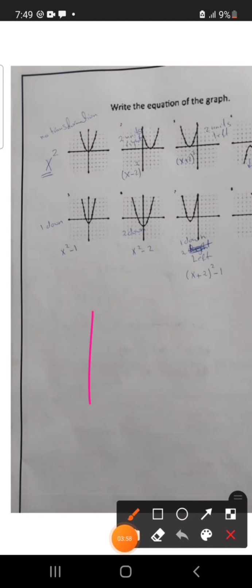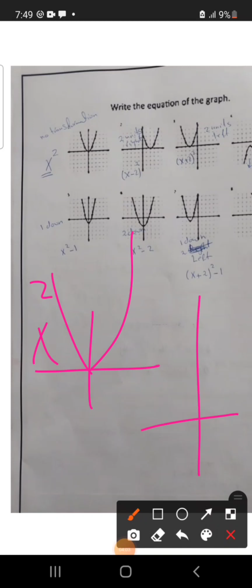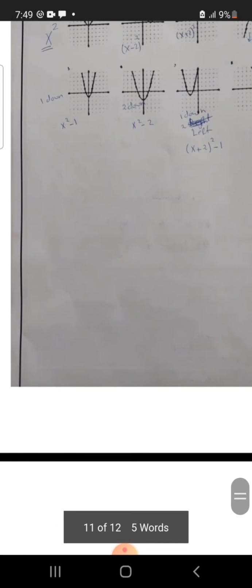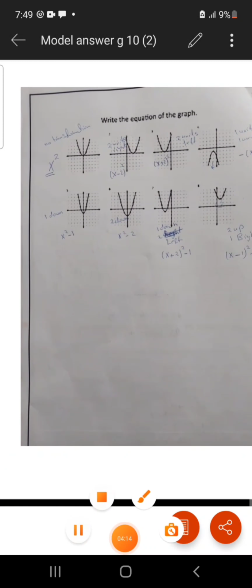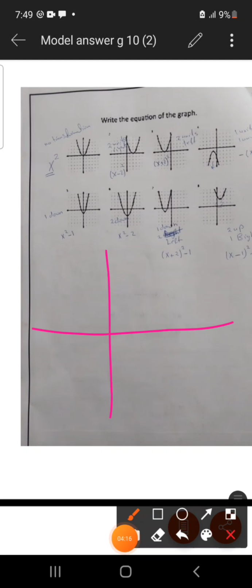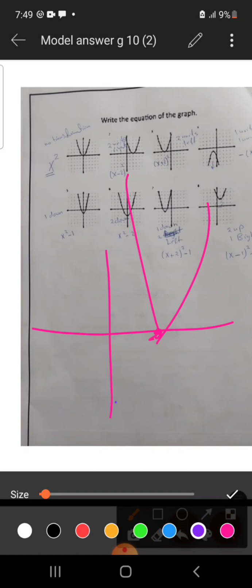What about here, the transformation? Look over here. If you have this, it's called x squared, and if you have it going down, it's called -x squared, right? As here goes up and here goes down, so it's negative. What about if you remove it? You have something here and another one here. What is the difference?